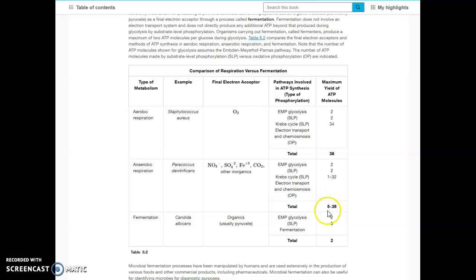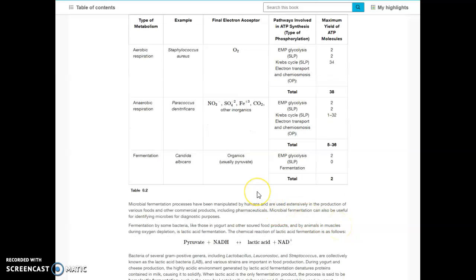So we can end up with 5 to 36 ATP. So anaerobic respiration is not as efficient as aerobic respiration. Then when we look at fermentation, we're getting those 2 from glycolysis, and that's it. So it's the least efficient of all of the methods of metabolism.